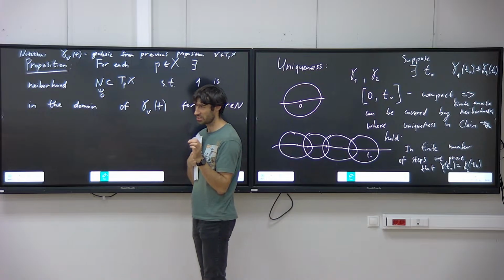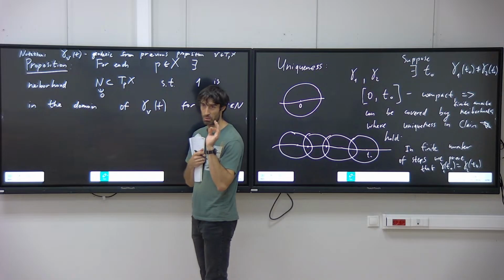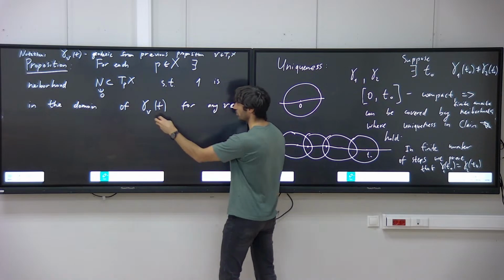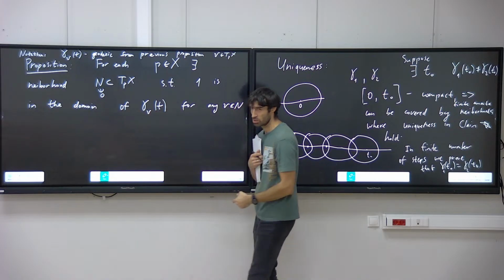My geodesic can be a maximal geodesic. I can never, for example, reach 1 in some direction. So I'm saying that there is a neighborhood of initial conditions such that 1 is always in the domain of this curve.